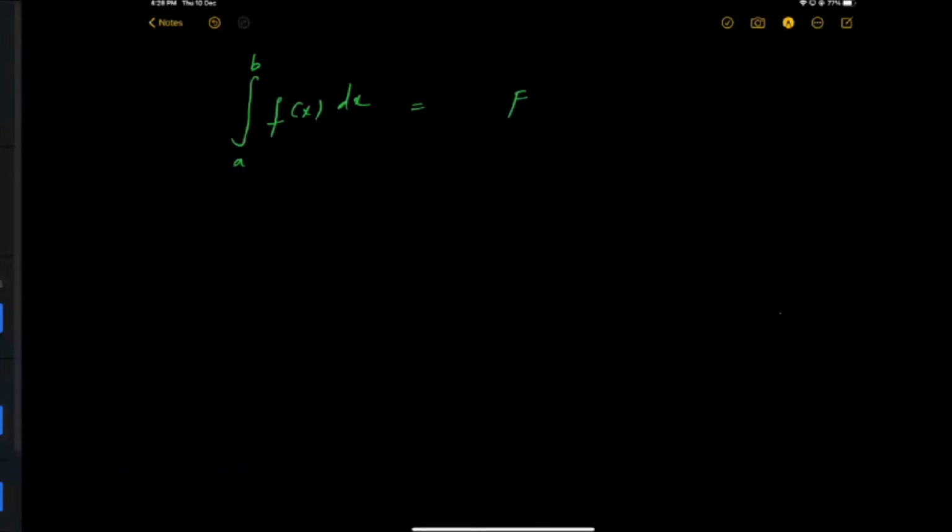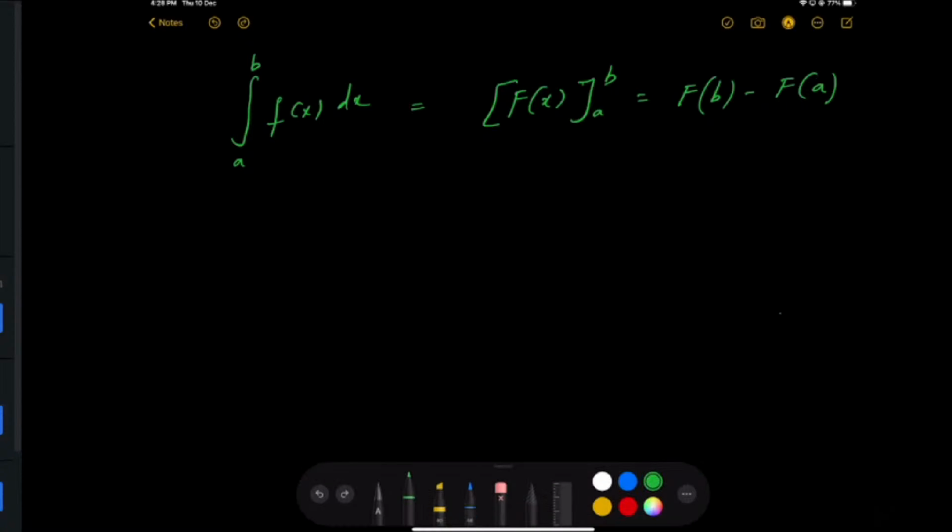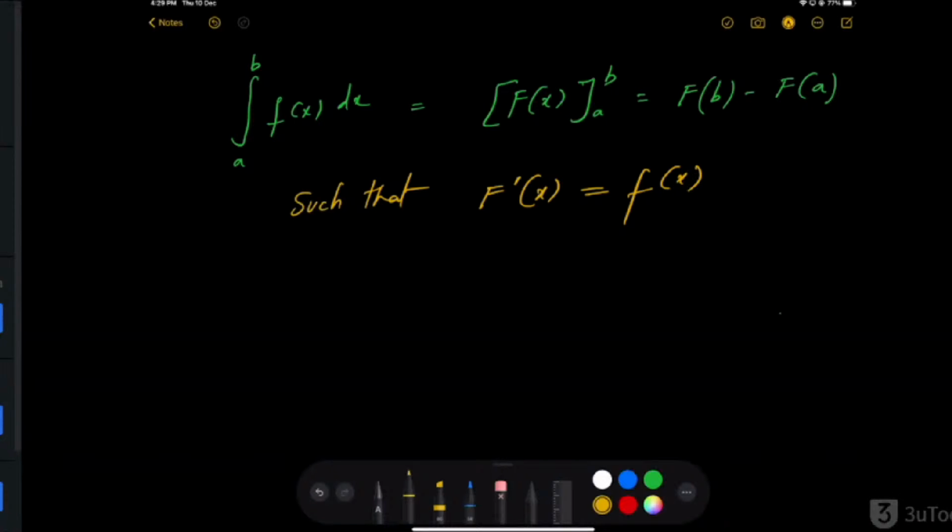First you write the integral F of x from a to b and then you subtract the lower limit from the upper limit by substituting, F of b minus F of a. Okay, fine. Such that derivative of capital F of x is small f of x.